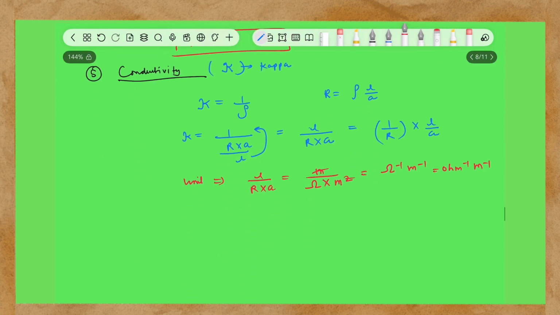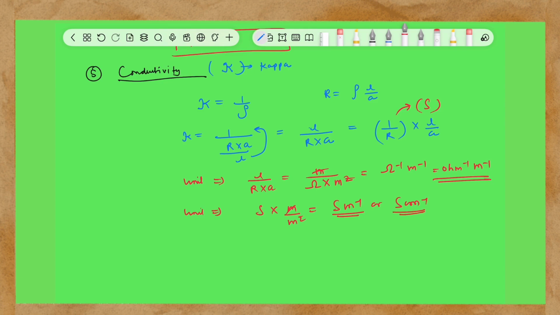Now coming back to the unit of conductivity, we can write this unit as per ohm per meter. Now if I take 1 upon R as Siemens, then our unit will be Siemens, length is in meter, area is meter square, so it will be Siemens per meter, or it can be Siemens per centimeter, depending on the area and length of the cell which we are taking.